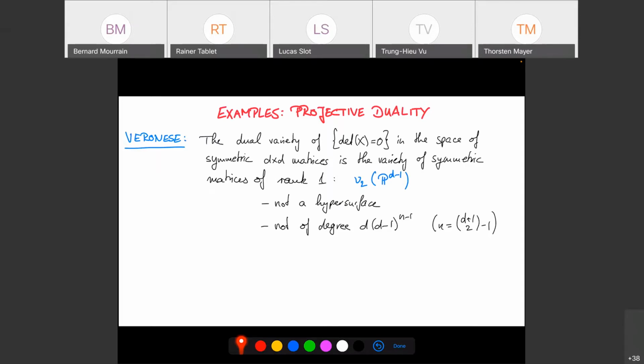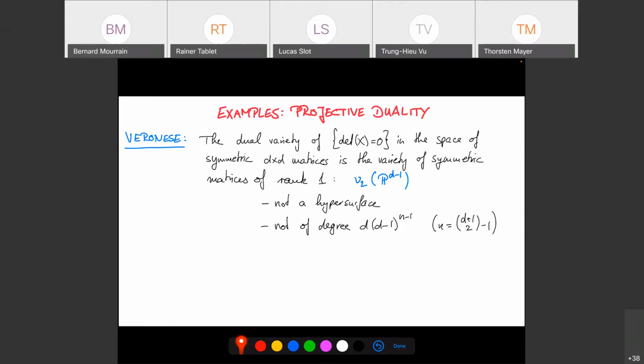So why is that? Roughly because the tangent space, if you sit at a matrix that has co-rank 1, that has a one-dimensional kernel, then it's a smooth point of the determinant, and the normal of the tangent hyperplane is exactly given by the rank 1 matrix coming from an element in the kernel. And that's exactly how you get all rank 1 matrices as hyperplanes that are tangent to the determinant.